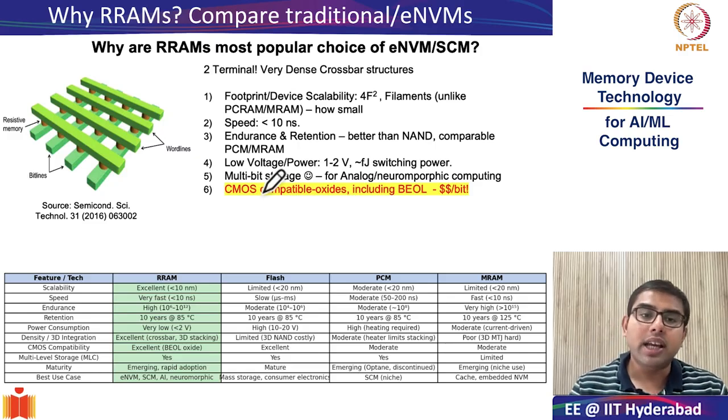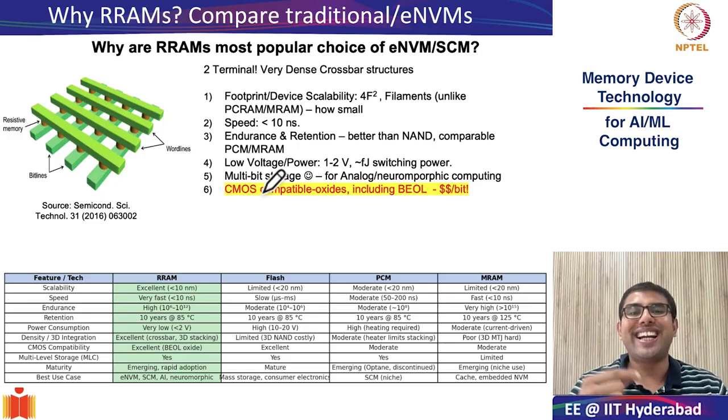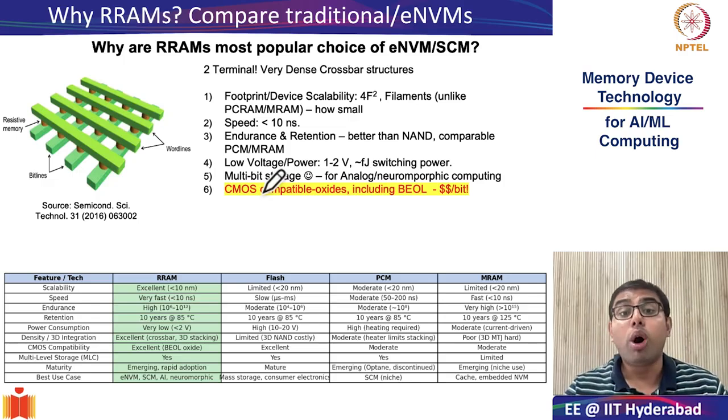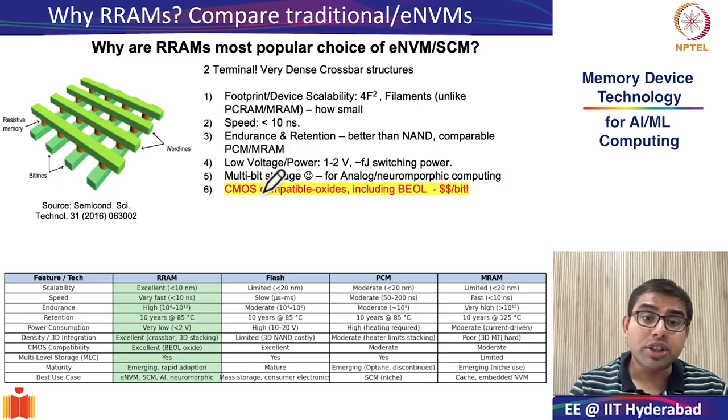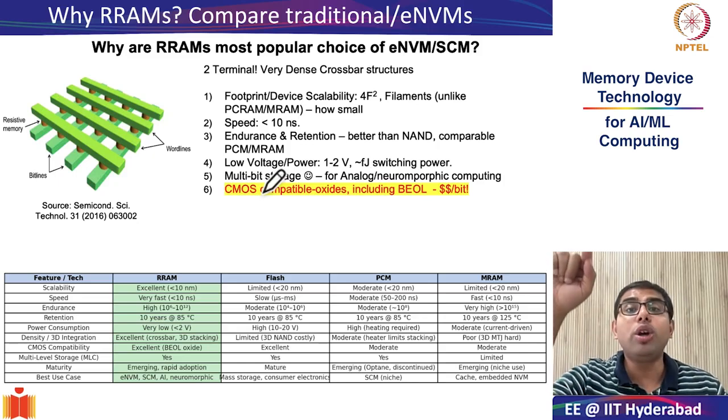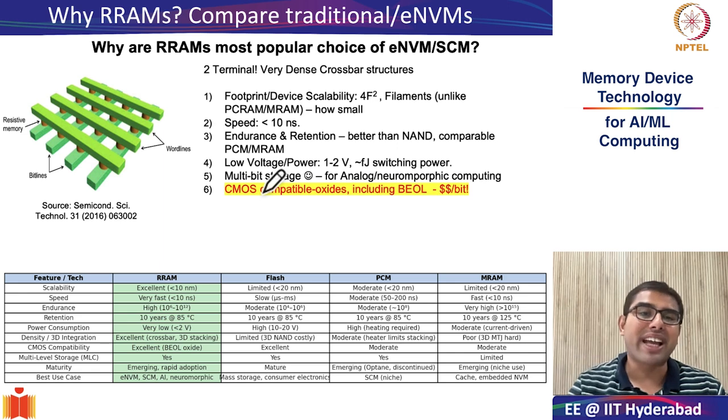In fact, you will see the oxides that are generally used in RRAM technology is the same as the gate oxide of your transistors, or even the oxides which are used to line your capacitor in your DRAM technology.